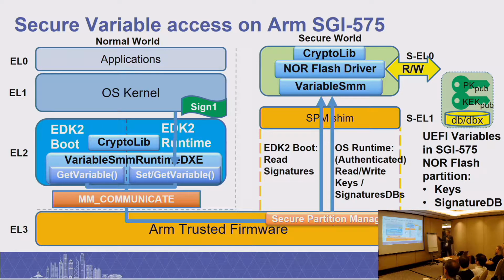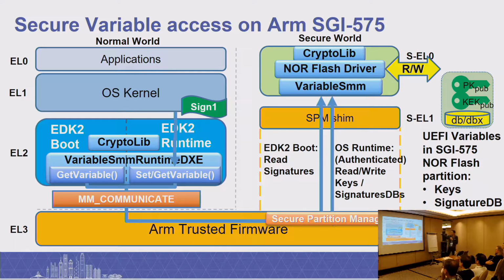In this case, the APIs will be authenticated, especially for write operations. So that's why we need a copy of the crypto lib in the secure world, because we want to protect the write operations into the storage medium. And this will be done in the secure world by that code.